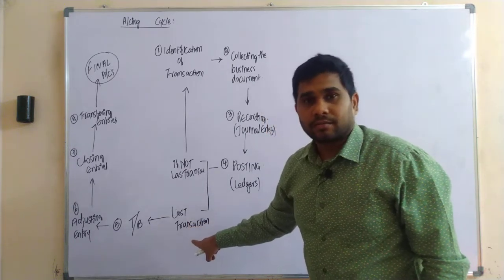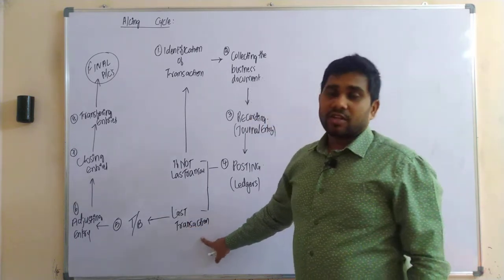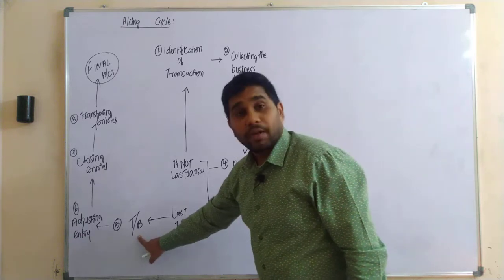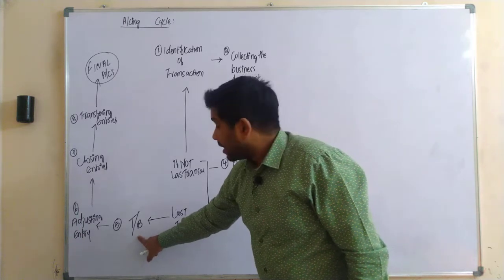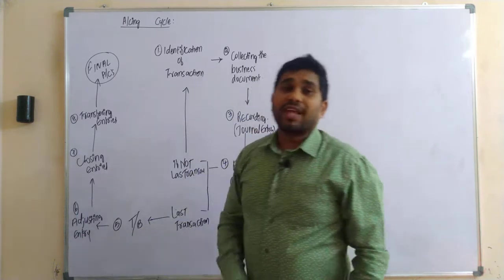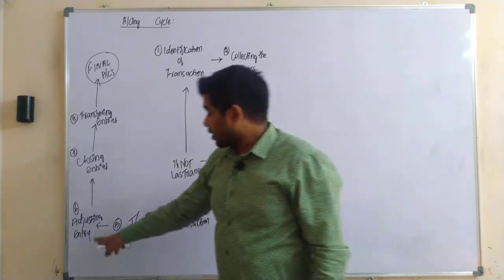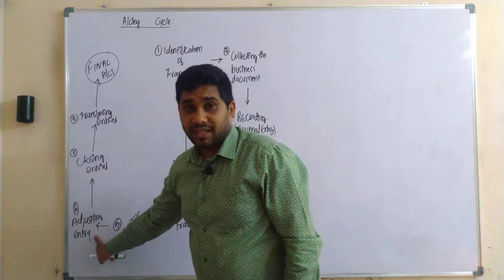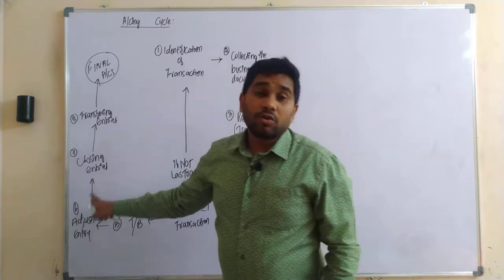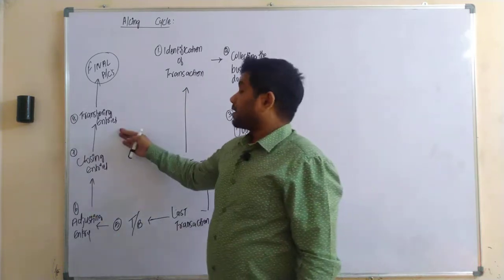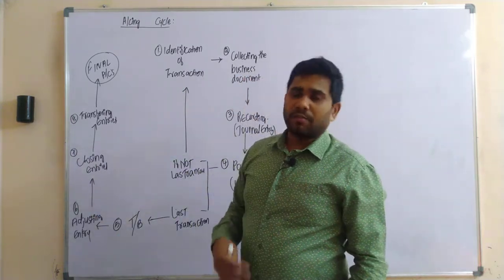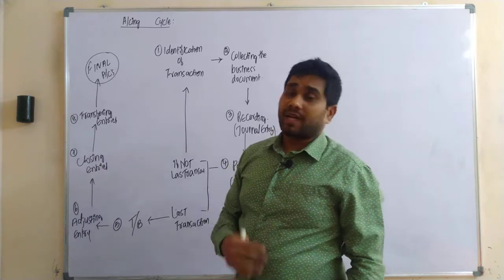If that is not your last transaction, your accounting cycle continues until it is a last transaction of the financial year. If that is the last transaction of the financial year, then you are supposed to prepare your trial balance. After preparing the trial balance, if there are any adjustment entries, you are supposed to make the entries for adjusting entries. And after that, you need to make closing entries and transferring entries. You would have some transactions which are supposed to be transferred.